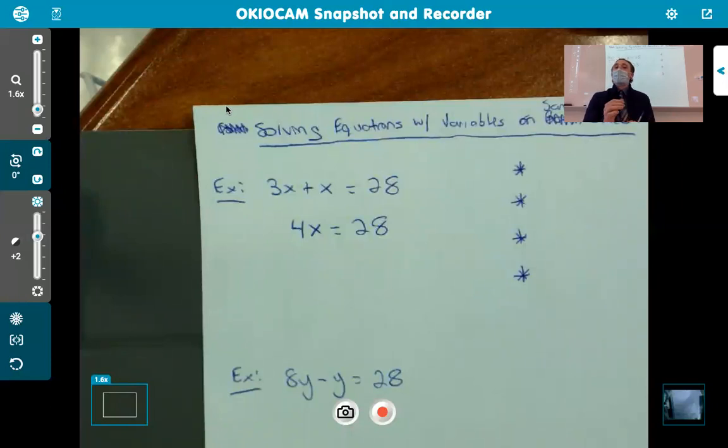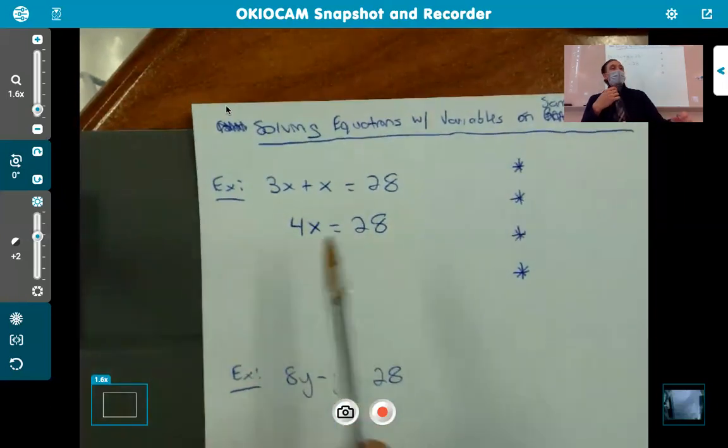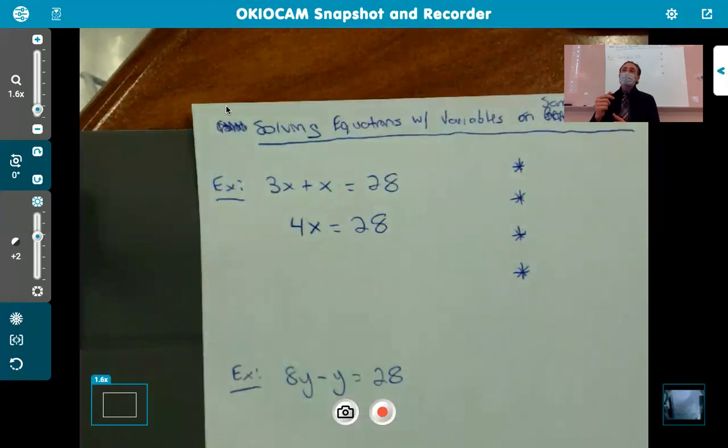No, right? But what's being multiplied or divided to that variable? What's in front of my variable right now? 4, right? That number out in front. Technically, these are being multiplied together. Well, what should I do to get the variable by itself? What do I do to undo that multiplication? What should I do on both sides? Divide by 4.